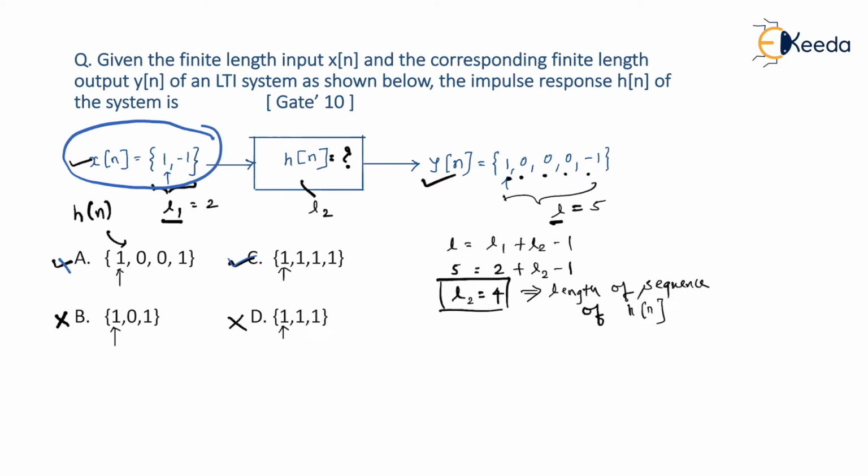X of n is given to us, which is 1 minus 1. So we'll apply method 2 here. It was 1 minus 1. Is that right? And also y of n is given to us. Let me just write that y of n as it is.